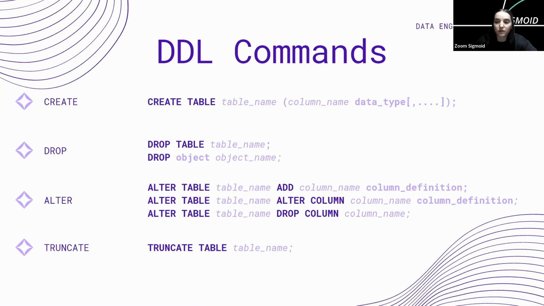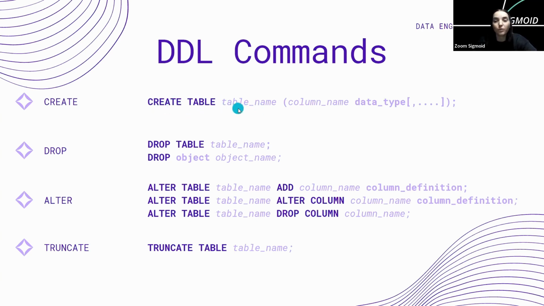All the commands of data definition language are auto-committed. That means that it permanently saves all the changes in the database. So now let's pass through them one by one. Create is used to create a new table in the database.